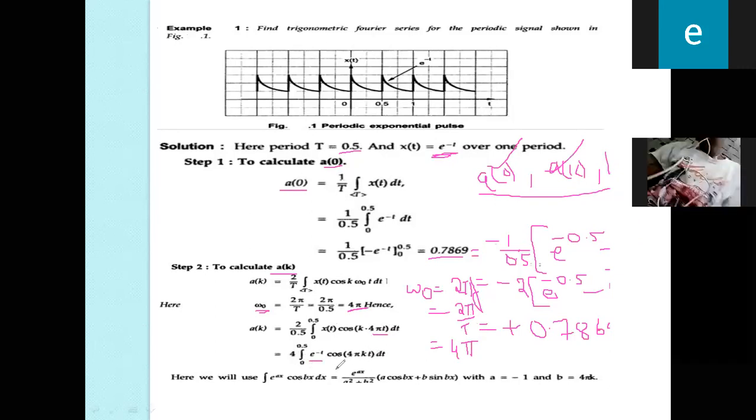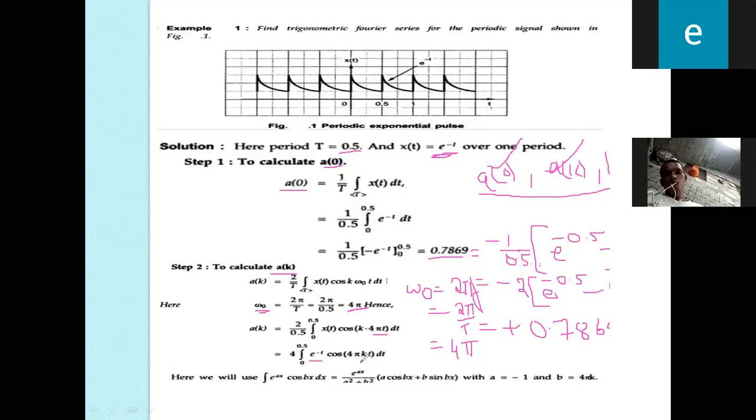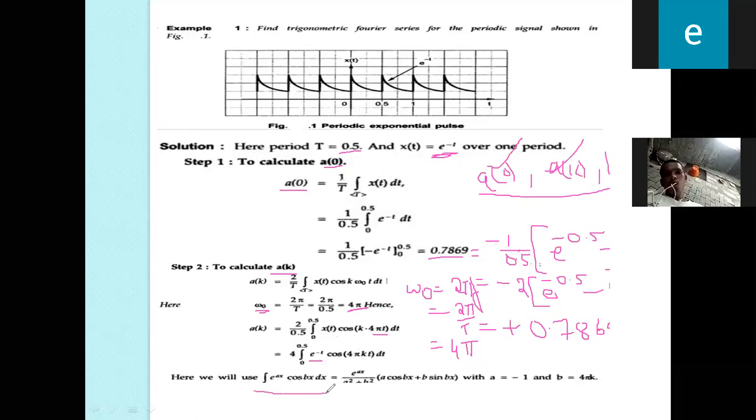Now, if it is only e power minus t, you can apply the integral directly, or otherwise the integral of cos is sine, or the integral of sine is cos, with some change of positive and negative. But it is a combination of exponential and cosine function. See here the trigonometric function, integral e power ax cos bx into dx.